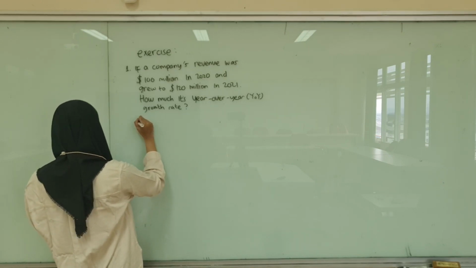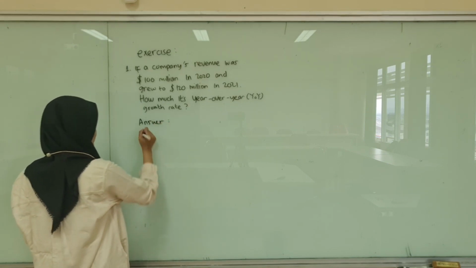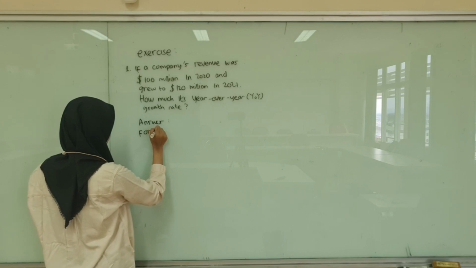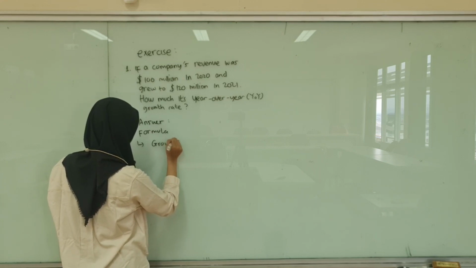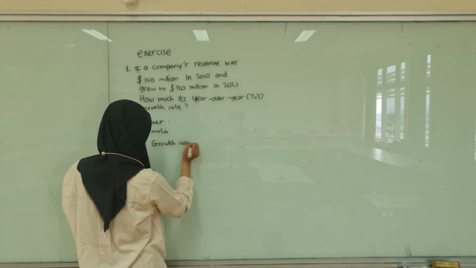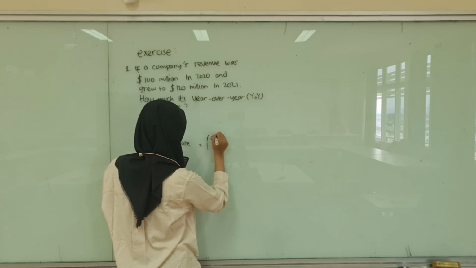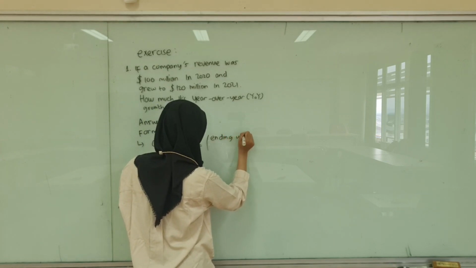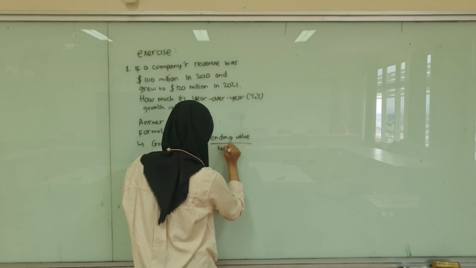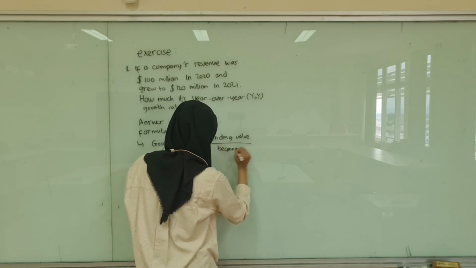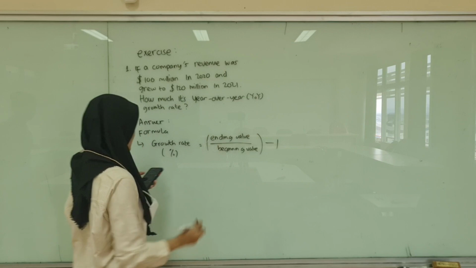So the formula for this is growth rate in percent equals ending value over beginning value minus 1.